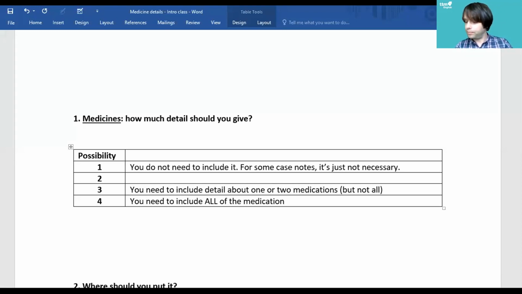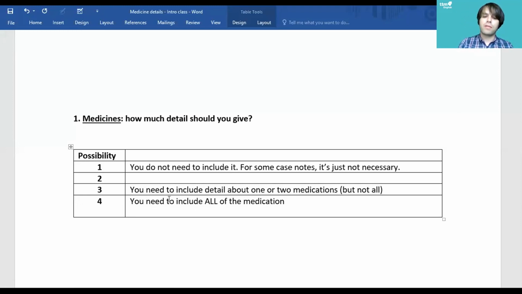Do you agree? Have you done one like that where you think, oh God, I've got to put everything in here? Surely someone has. Okay, well, one possibility is you need to include all of the medication in the case notes.